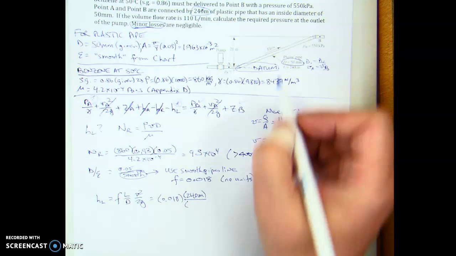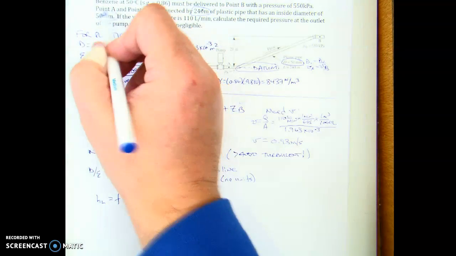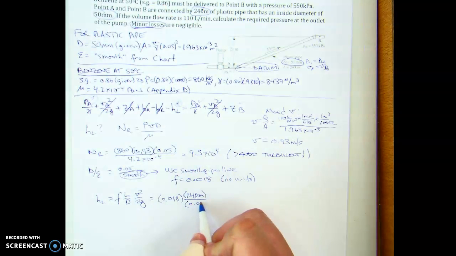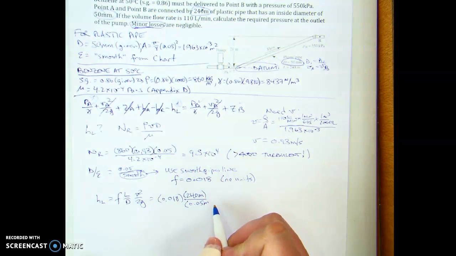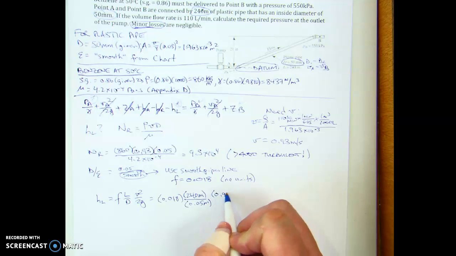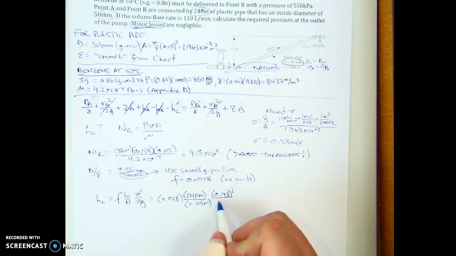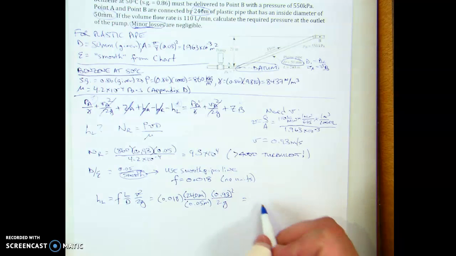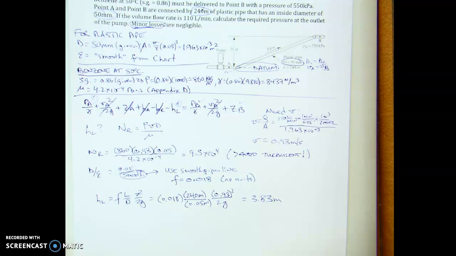Our D, of course, was 50 millimeters, 0.05 meters. And our V, 0.93, all squared, over 2G. And HL there should come out to be 3.83, and the units are meters.